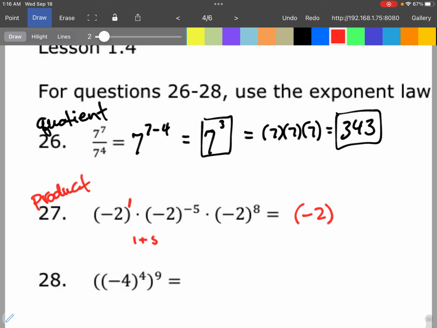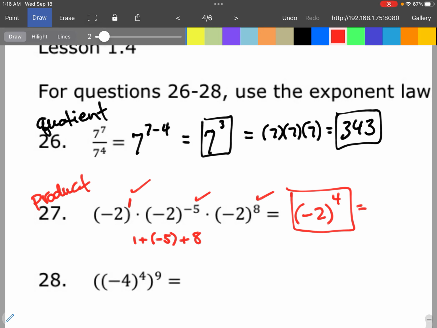That's definitely a -5. -5 plus 8. I'm going to add all 3 of these numbers together. And when I type that in, 1 plus -5 plus 8, I end up with 4.